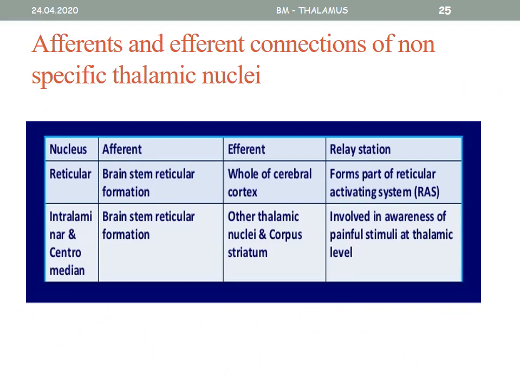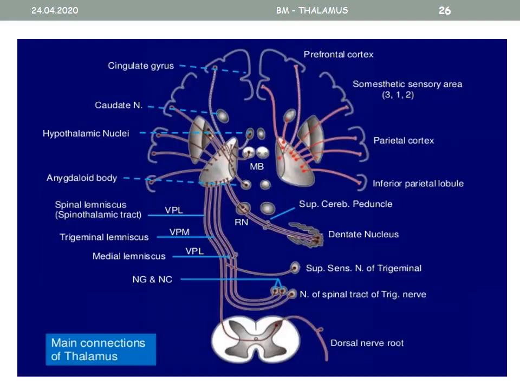Here you can look into the afferent and efferent connections of non-specific thalamic nuclei. Here also you can see the entire connections to the thalamus and its projections to the cortical areas.